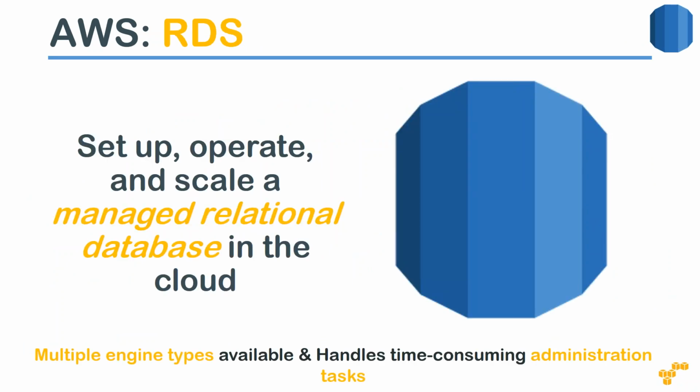So what is RDS? RDS is a relational database in the cloud, and it is a managed database. What I mean by that is almost all the administrative tasks are managed by Amazon, like installing RDS, setting up a cluster, updating and upgrading it, taking a snapshot, and making sure encryption is available and performance is maintained.